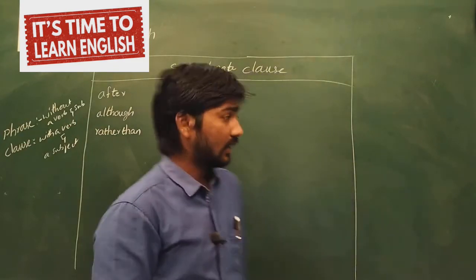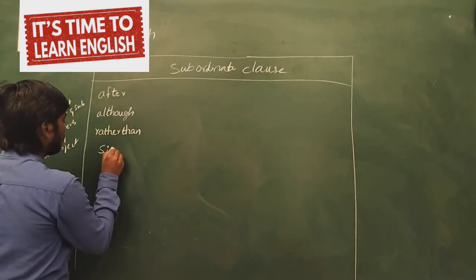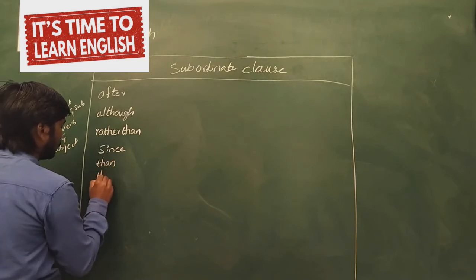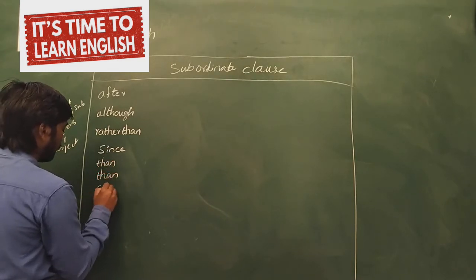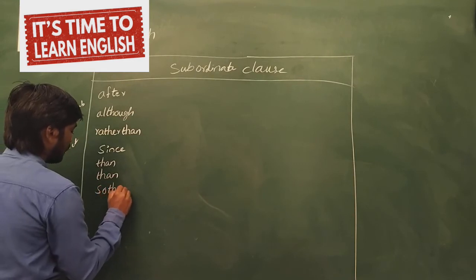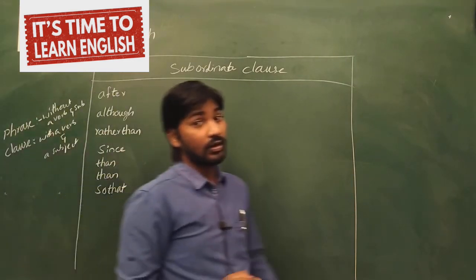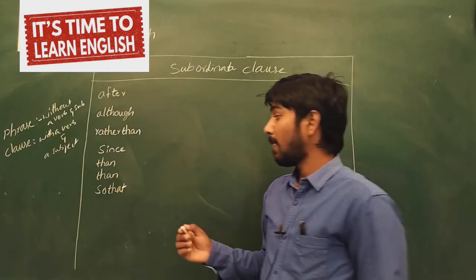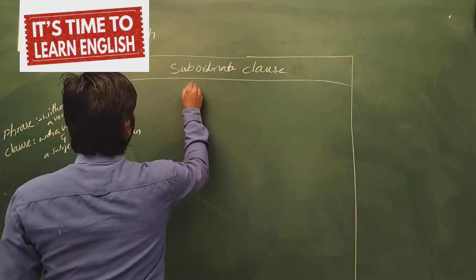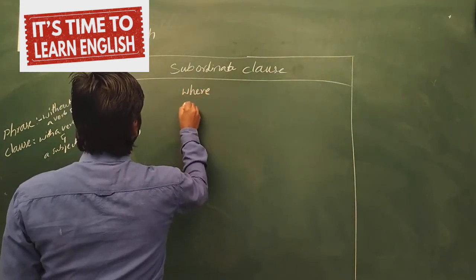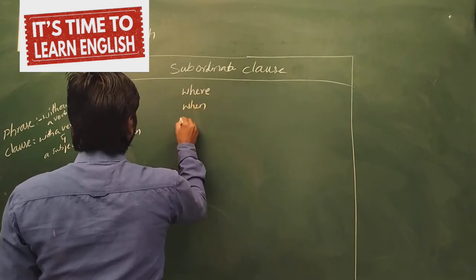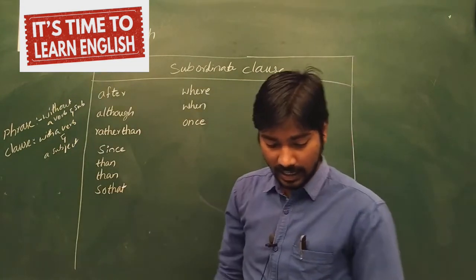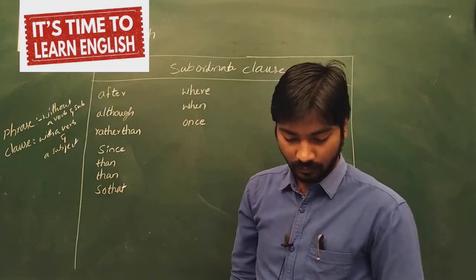Since, so that, than, that. Just keep a book to write all those things, then you can understand everything clearly. Where, once, when. Next, some question forms like whereas, wherever, and whether.